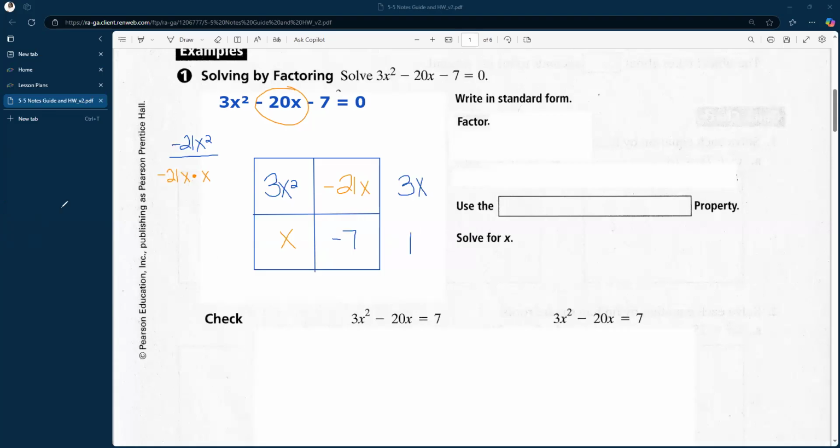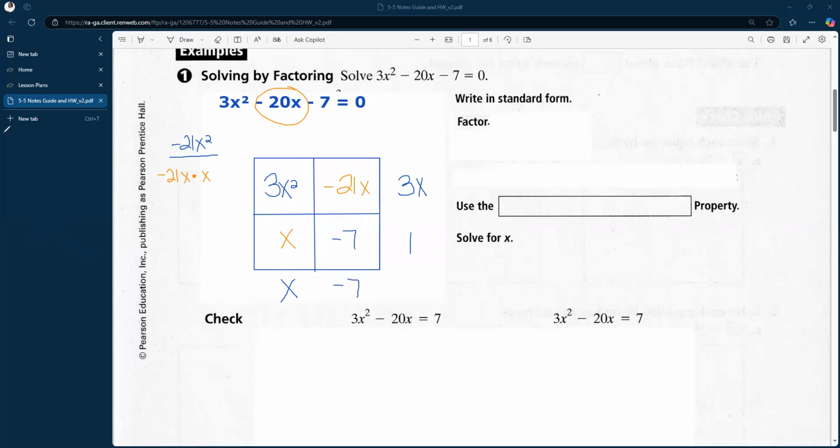I'm going to factor down. So the greatest common factor between 3x squared and x is going to be x. And again, I'm going to factor down on my second row. And that's going to give me the greatest common factor between negative 21x and negative 7, which is negative 7.